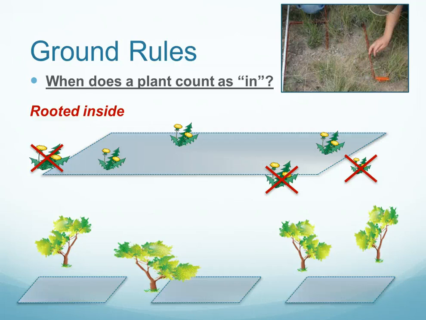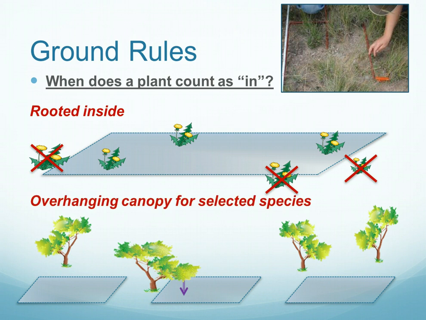And in this case, we may consider overhanging canopy as qualifying a plant for being included in the plot. This is something that we determine for selected species, and we must very carefully record which species are included merely for having overhanging canopy.